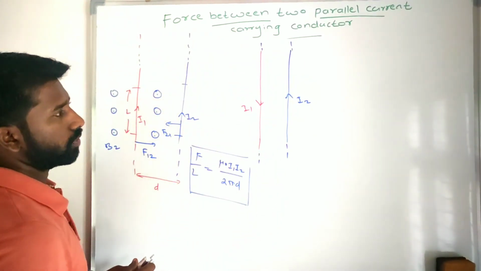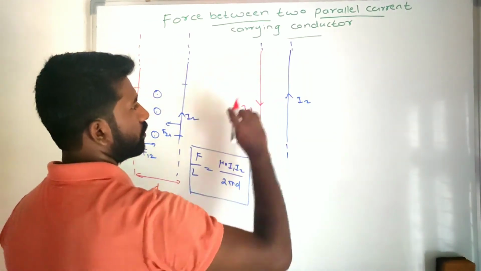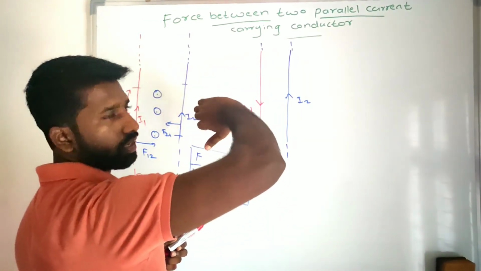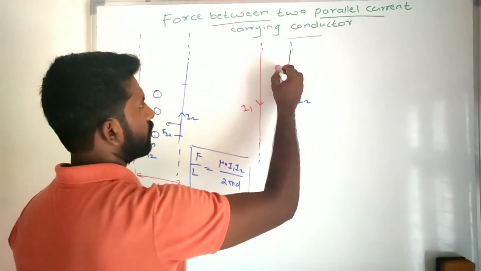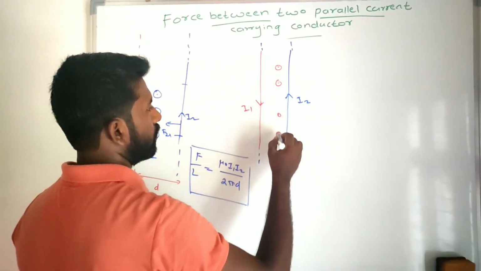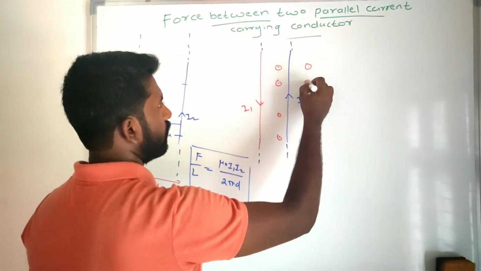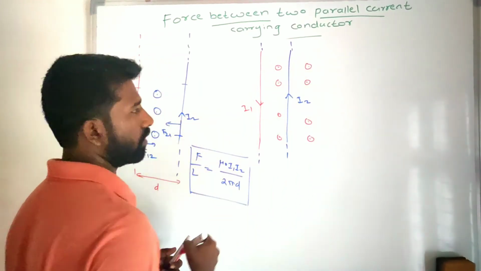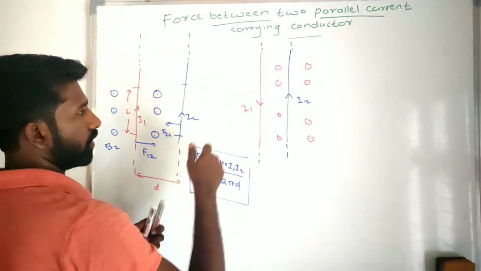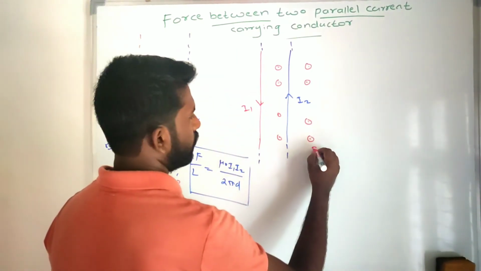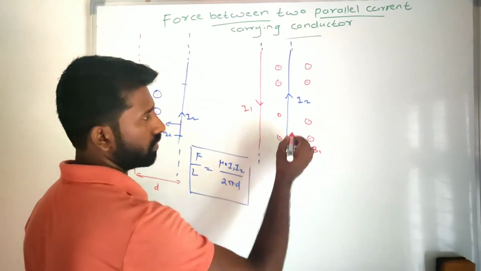In which direction will it produce the magnetic field? You apply the right hand rule. So here it is going into the page, here it is coming out, so all here it is coming out. This is the magnetic field. In this magnetic field, the second conductor is placed. So this is the B1 value.